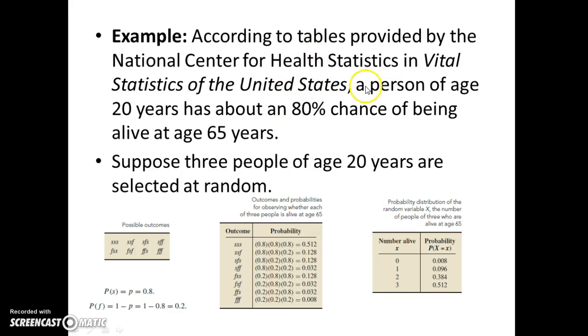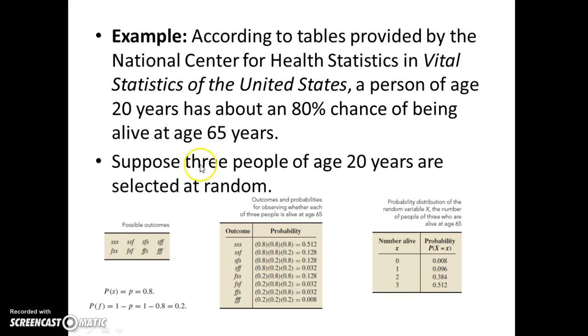They found that a person who's 20 years old has about an 80% chance to be alive at 65. We will use this information to find the Bernoulli trials and the binomial distribution for 3 people who are 20.